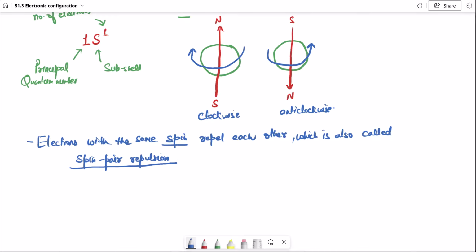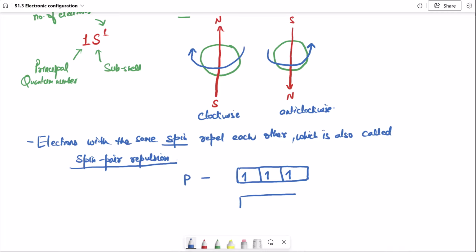Fine. Therefore electrons will occupy separate orbitals in the same subshell first to minimize this repulsion. Let's say I have to put electrons in the p subshell. In the p subshell we have 3 orbitals, and let's say you want to put 3 electrons. One you will put here, one here, and one here.